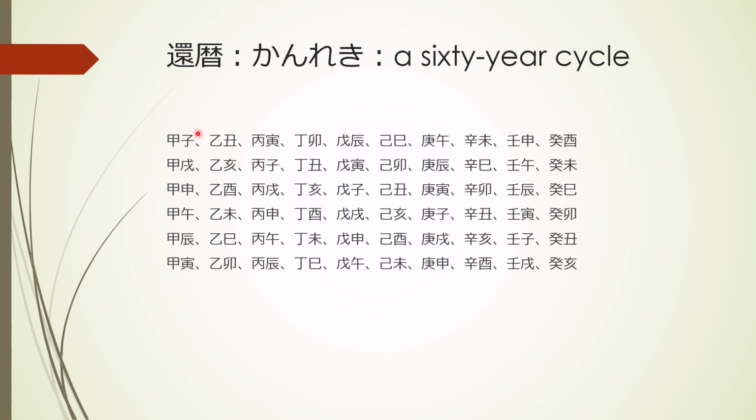So here we have the 60-year cycle laid out, and the current cycle, the Kinoe Ne, its onyomi reading Koshi. Anybody who knows anything about baseball, which I don't know much, but in Kobe there's a famous baseball stadium, the Koshien. It comes from this Kinoe Ne or Koshi because it was built at that time.